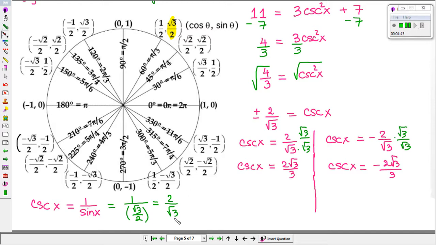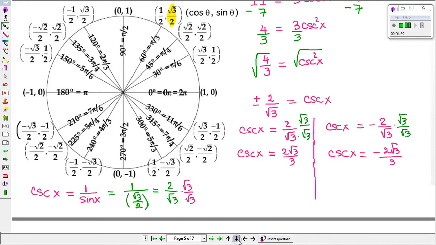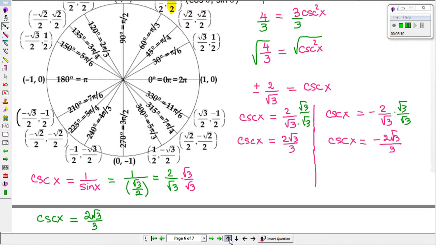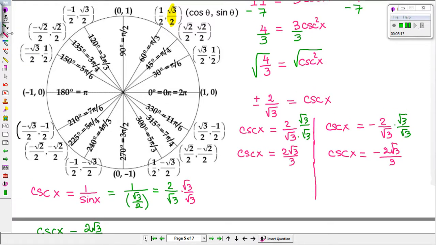Since we cannot have square root of 3 in our denominator, we have to rationalize the denominator. So we multiply by square root of 3 on both. So that will give me cosecant of x is 2 square root of 3 over 3. So now we found the correct angle. Our angle will be 60 degrees or pi over 3.